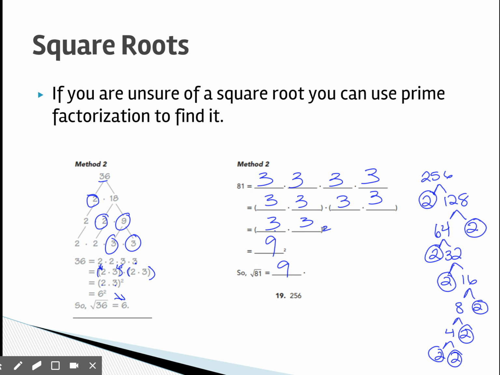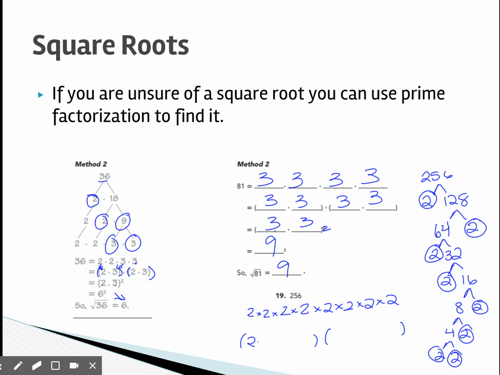So 256 is the same as 2 times 2 times 2 times 2 times 2 times 2 times 2 times 2. So I want to break that up into 2 separate parentheses with the exact same thing in it.